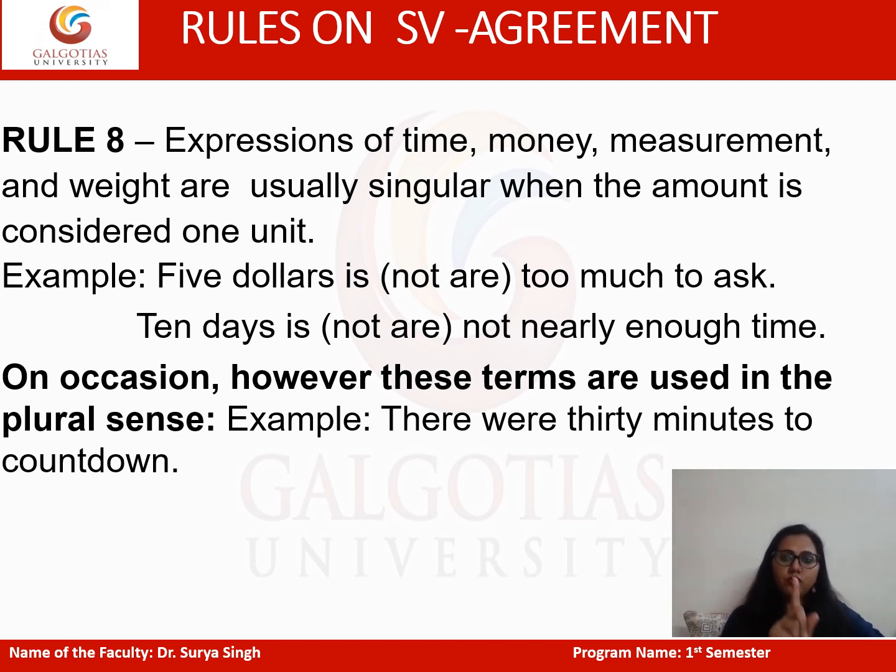Here $5 is considered as 1 unit, not 5 different dollars. So we are saying $5 is too much to ask, and that is why the verb here is is. In the same way, 10 days is not nearly enough time. Again, 10 days is a single unit.